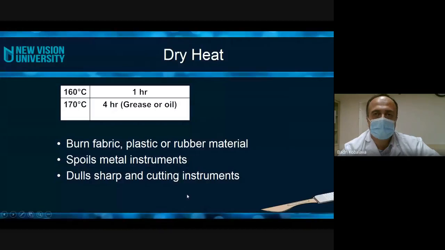Of course, it kills everything, every virus and so on, but it can also damage fabric, plastic, rubber material. Also, heat can spoil metal instruments, especially sharp and cutting instruments. That's why it is used to sterilize only large, bulky instruments.